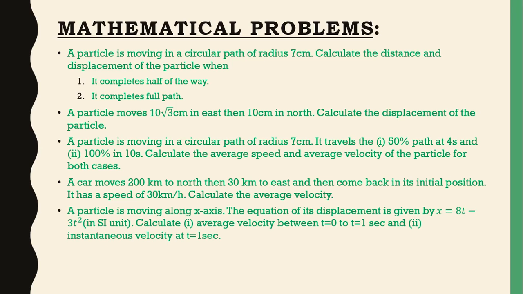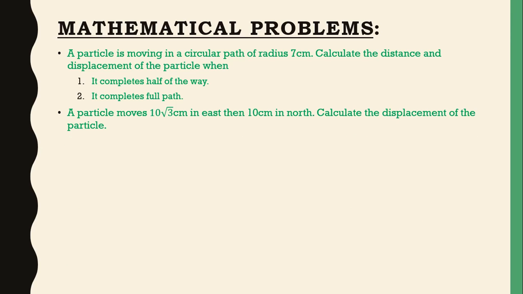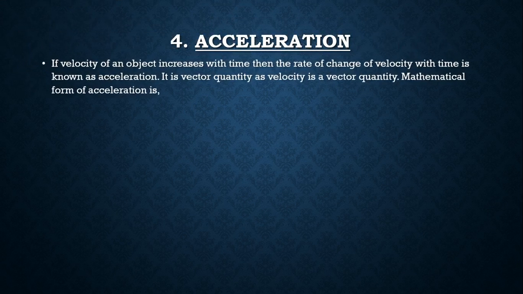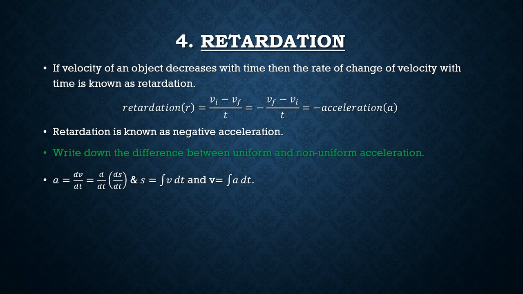A small topic I have forgotten to discuss, that is, acceleration is the first order derivative of velocity, as velocity is the first order derivative of displacement, so acceleration is the second order derivative of displacement.